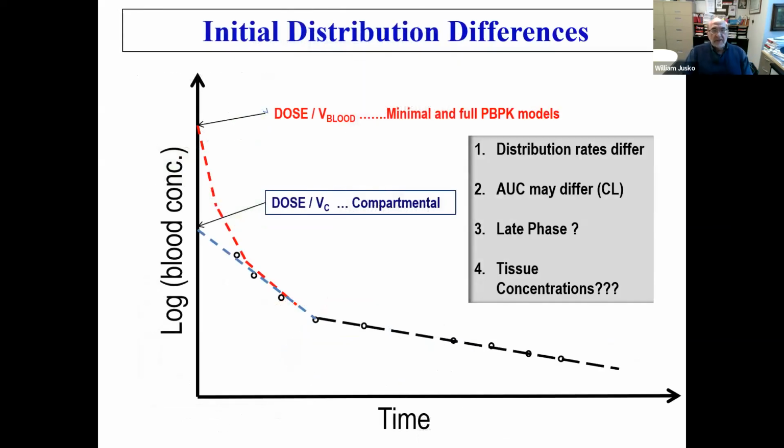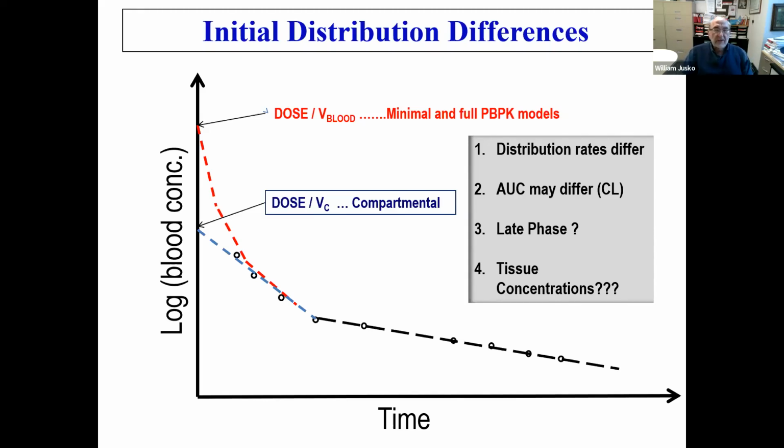An indication of the difference between compartmental and PBPK modeling approaches is what happens soon after dosing the drug. So we have a concentration versus time profile like I show here. A compartmental model will use dose divided by the central volume as the starting point of the curve. A minimal and full PBPK model often will use dose divided by the volume of the blood in the subject.